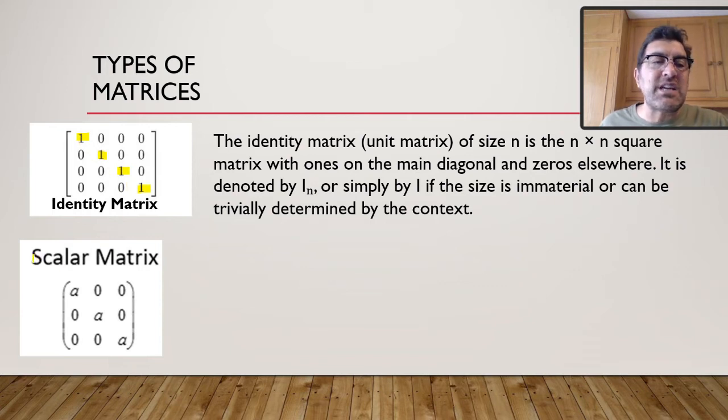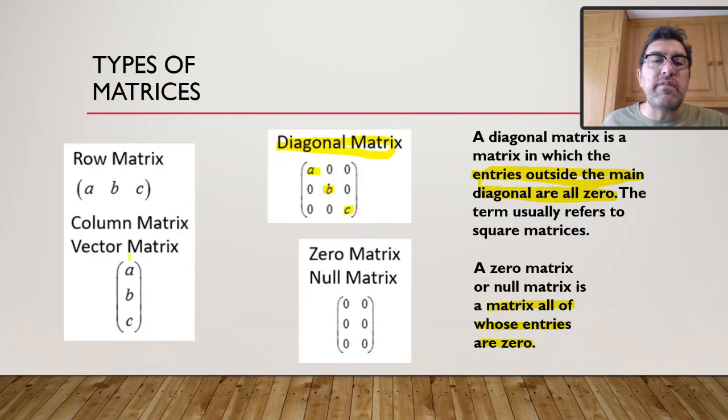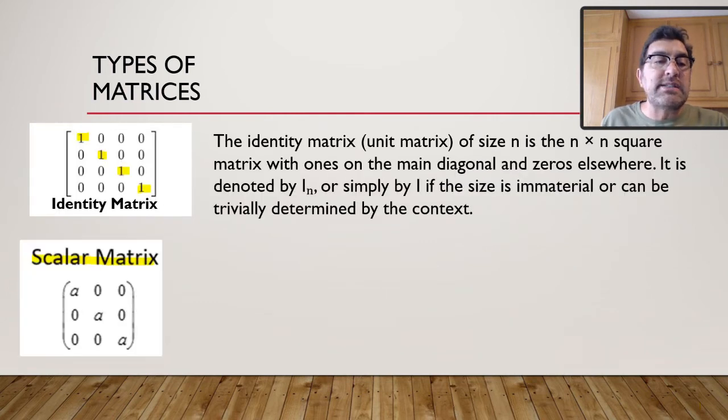Now look at this particular one, the scalar matrix. How is that different from the previous one that we looked at, where we had an A, a B, and a C? It's different in the sense that there's not an A, a B, and a C there. There are entries that are not 1 and that are the same on that main diagonal of the matrix. So we call that type of matrix a scalar matrix.